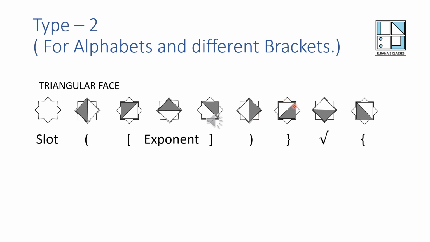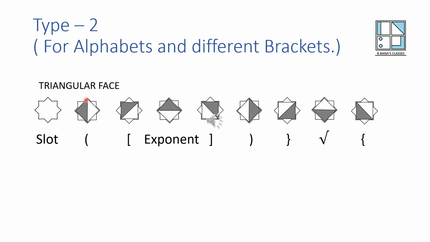Then we have curly bracket. Look at this sign. This is closure of curly bracket comes first, then it is square root sign, and then it is opening of curly bracket. Now see, you can compare. This is parenthesis sign like this, and the same thing is here.